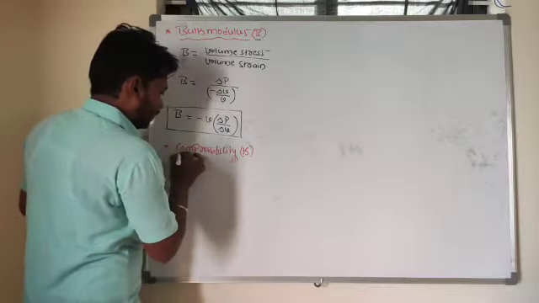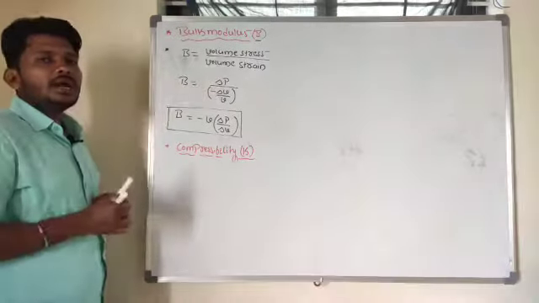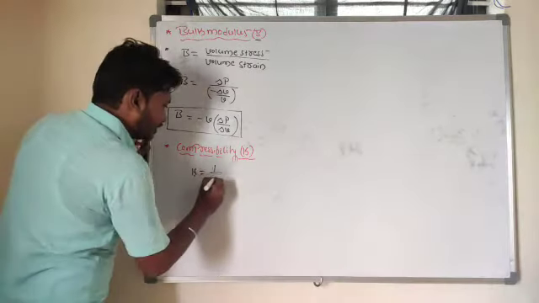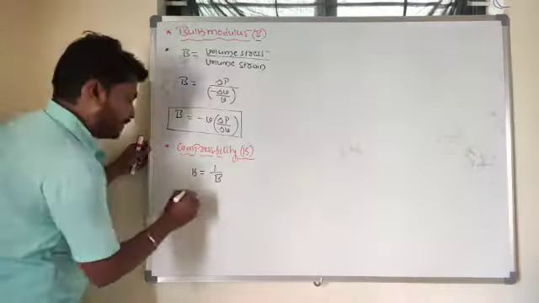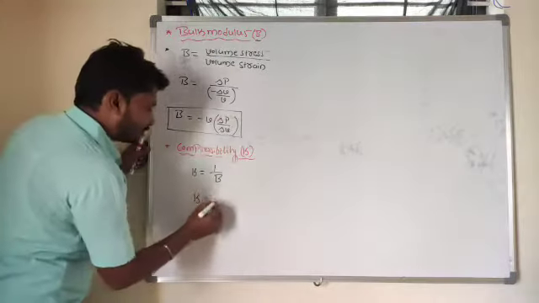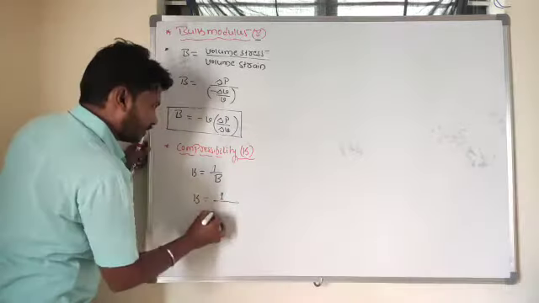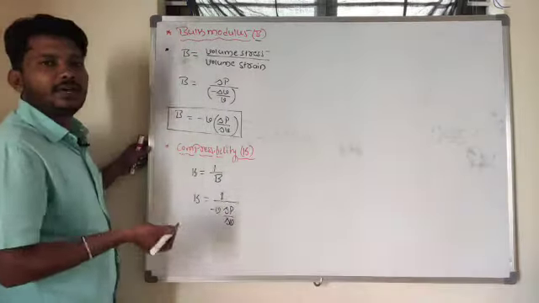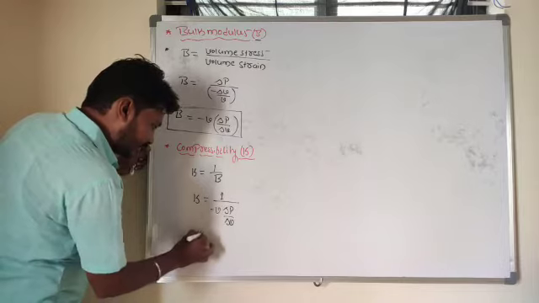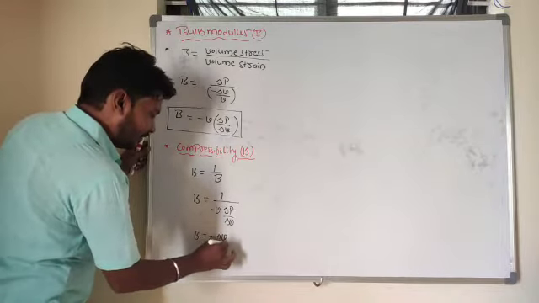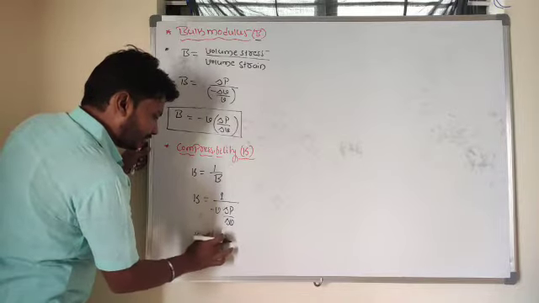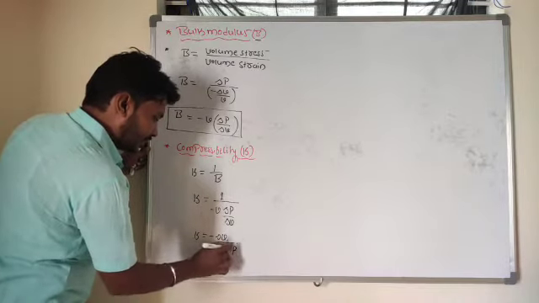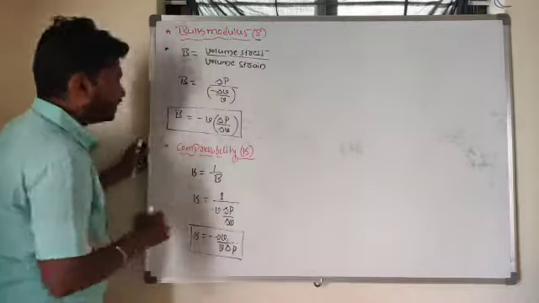Compressibility is represented by the symbol K. It is nothing but the reciprocal of bulk modulus, 1 by B. Reciprocal of bulk modulus means 1 divided by minus V into delta P divided by delta V, or I can rearrange this equation as minus delta V divided by V into delta P. This is about compressibility.